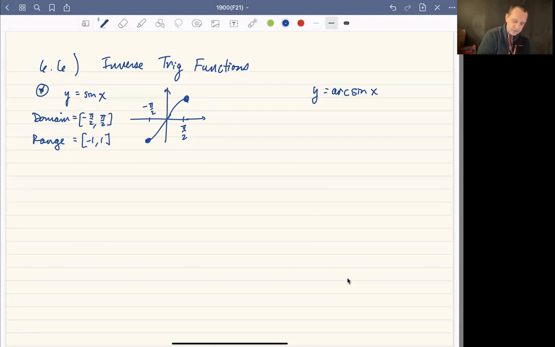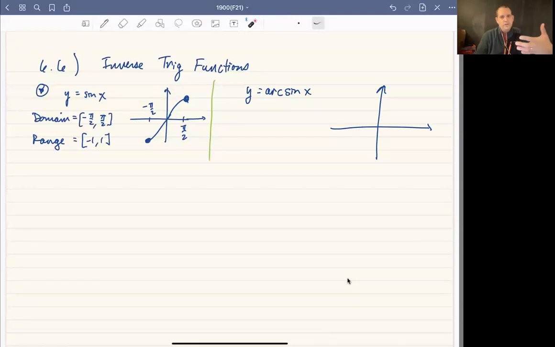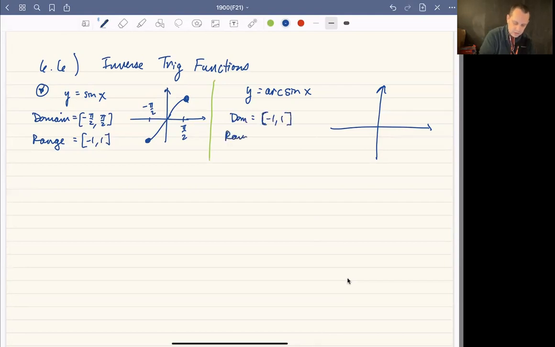And here, this function is going to look like this. Arcsine is going to look exactly like this picture over here, except reflected. The way I like to think about this is you take your paper and then you flip it 90 degrees like that. And so it's going to have a domain from negative 1 to 1, including both of these, and the range from negative pi over 2 to pi over 2.